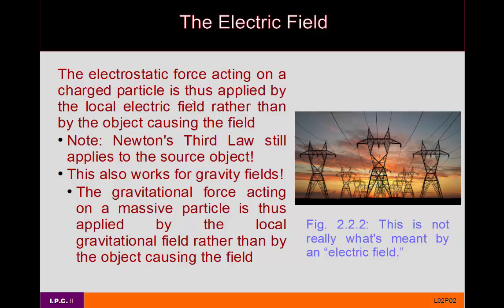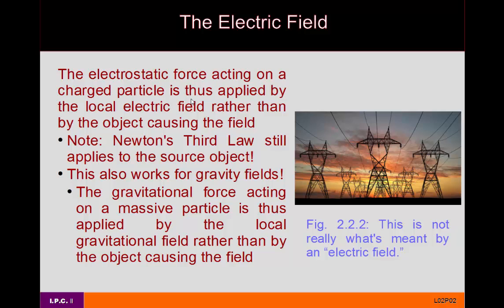Basically what this means is that you have to have a second object, a second charge, to generate an electric field. And so usually we take the first charge in a problem and say this is the source of the field, and then we place additional charges in or around the field and see how it interacts with them.